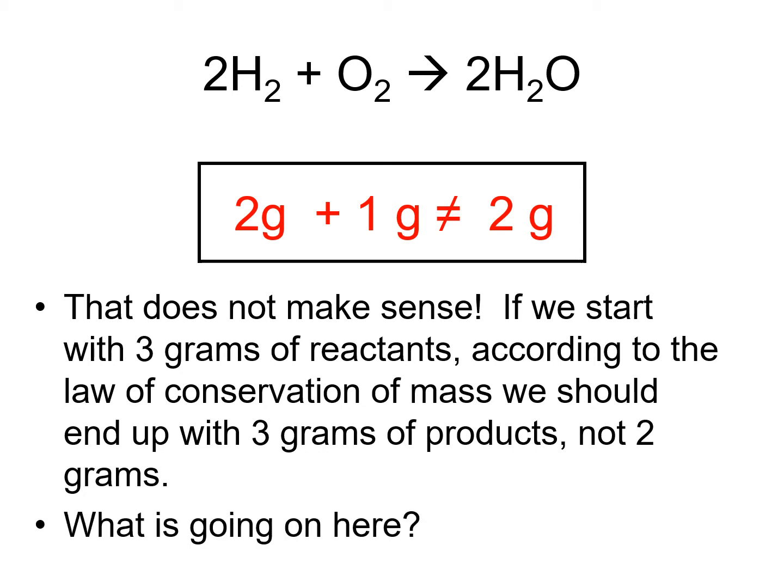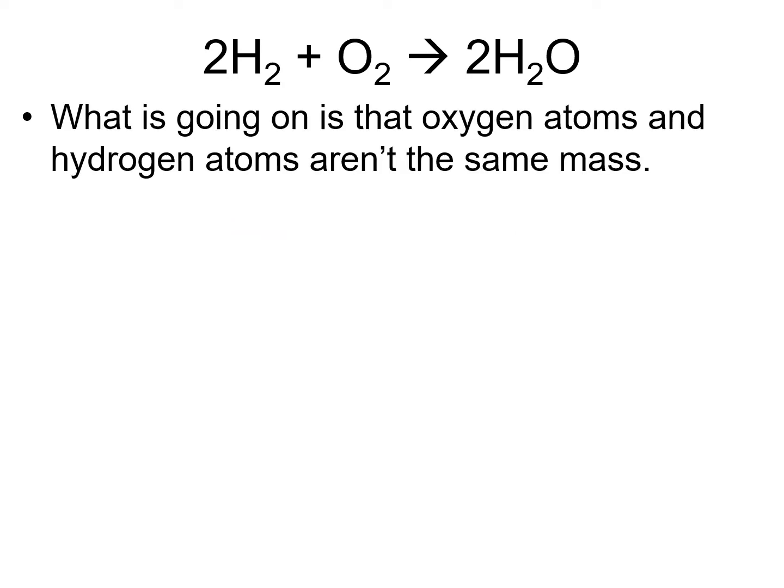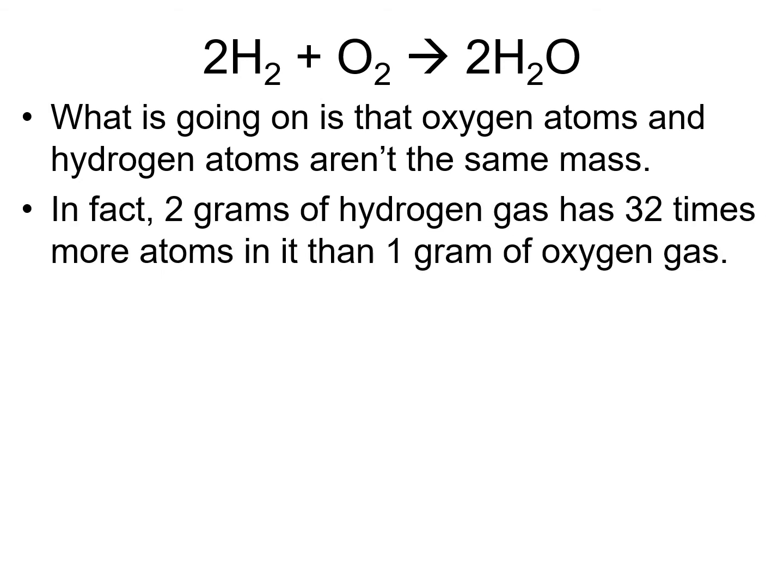And what's going on here? What's going on is that oxygen atoms and hydrogen atoms don't have the same mass. 2 grams of hydrogen gas actually has 32 times more atoms. I need a 2-to-1 molecule ratio, but instead I'm getting a much larger ratio of hydrogen than oxygen.